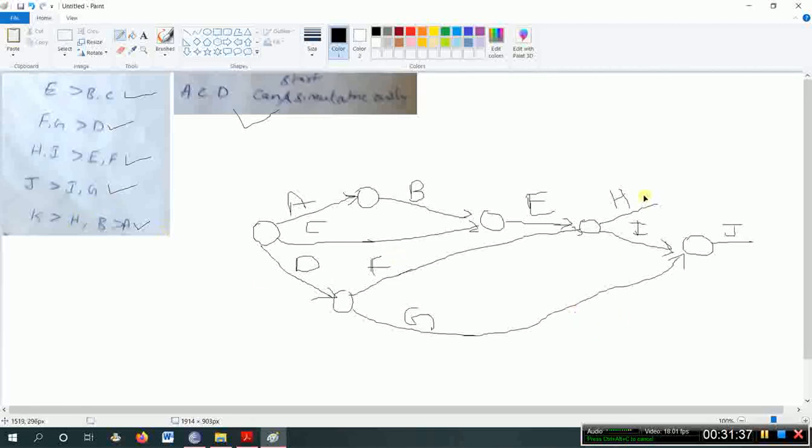So next, everything has been completed. There is no other given data here. So these two activities have to be ended in a single node like this. This is the last end node. So this is a rough network construction.